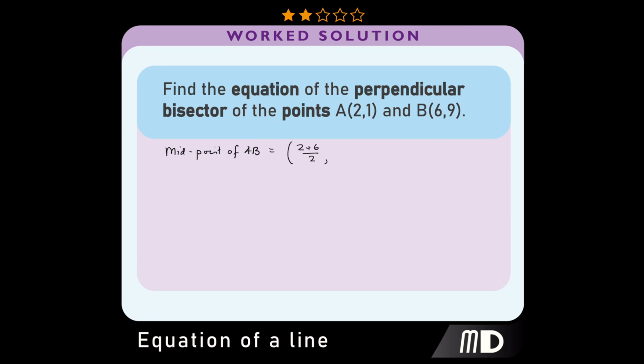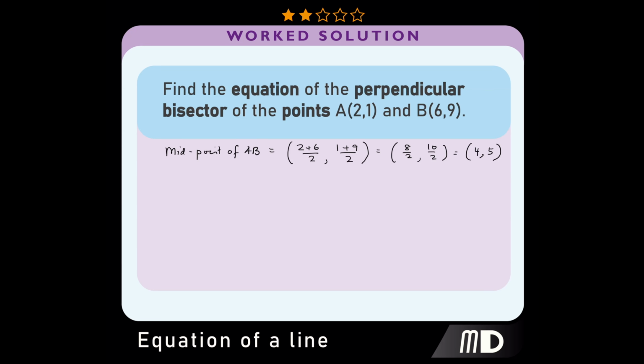Then we add together the two y values of A and B, then halve their total to get the y coordinate value. That means adding 1 and 9 together, and then dividing by 2. That simplifies to give us 8 over 2 and 10 over 2, which is the coordinate pair 4, 5. So the midpoint of the points A and B has the coordinate 4, 5.